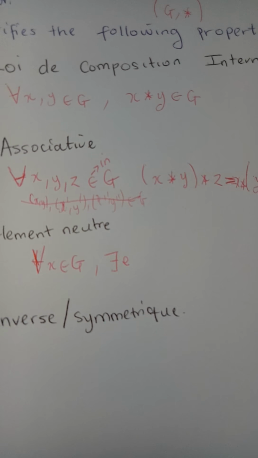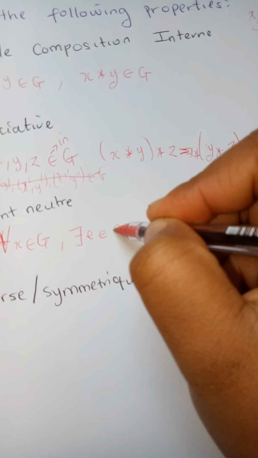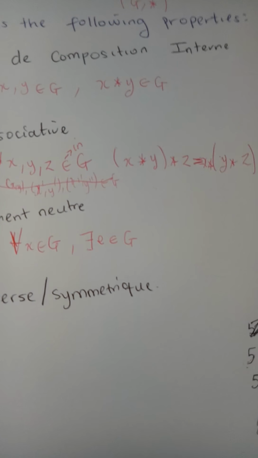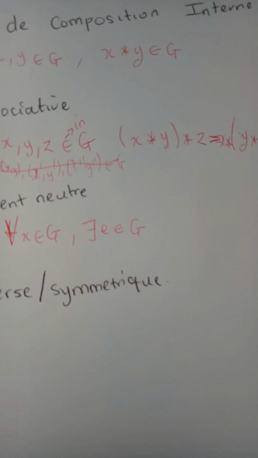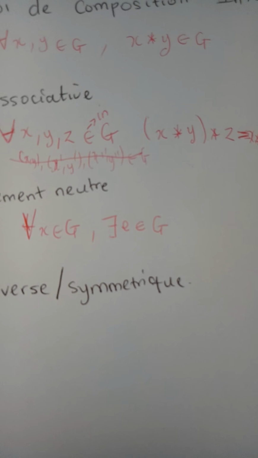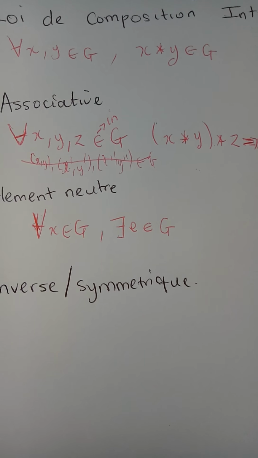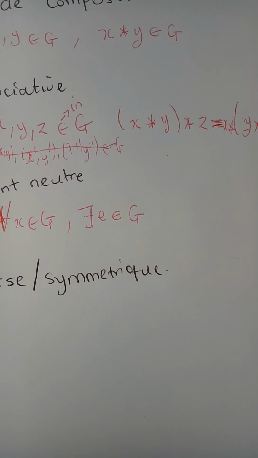There exists an element neutre qui appartient aussi à G. That element neutre should also be in that ensemble, that set that you are working with. In this case, we are saying G. So for every X appartient à G, there exists an E appartient à G.